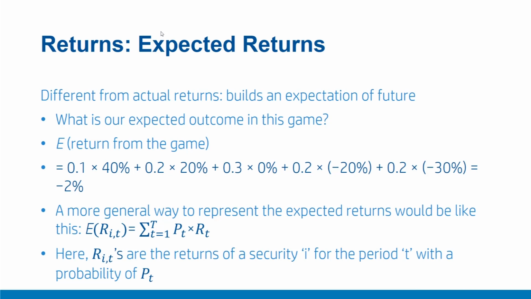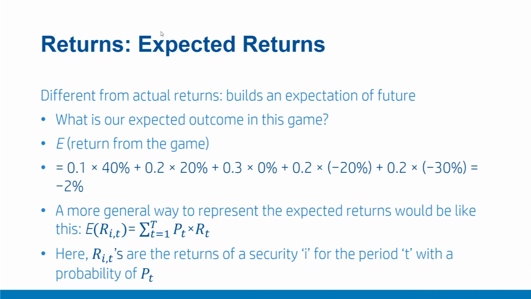From our understanding of simple probability computations, we know that the expected value of this game can be shown as follows. Expected return from the game equals 0.1 into 40% plus 0.2 into 20% plus 0.3 into 0% plus 0.2 into -20% plus 0.2 into -30%, which is equal to -2%. We are simply multiplying returns with probabilities.